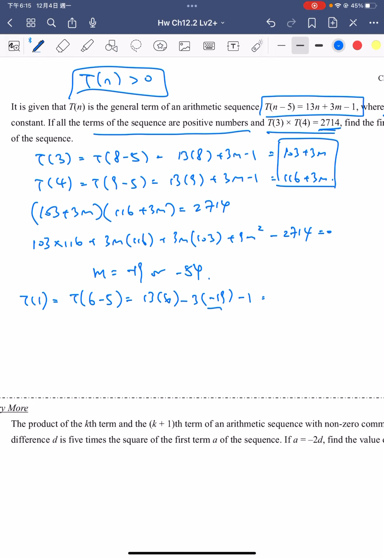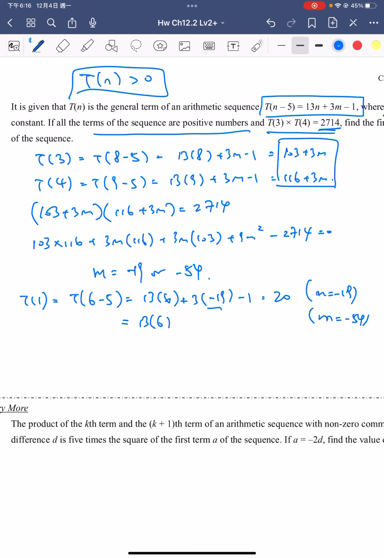So we then calculate that this is equal to, and then we have negative 3. Sorry, this is positive 3. So positive 3 times negative 19. Then we minus the 1. So giving you the answer is equal to 20. So if you try again by using m is equal to negative 54, then let's see if it's still positive numbers.